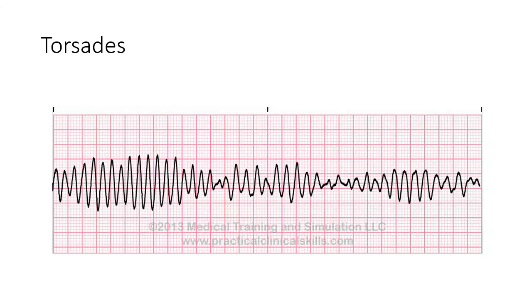Here's the thing that you're looking at: this is much more organized. So you see it comes down and you have this ebb and flow. That would be torsades. This is much too high of an amplitude to be V-fib.